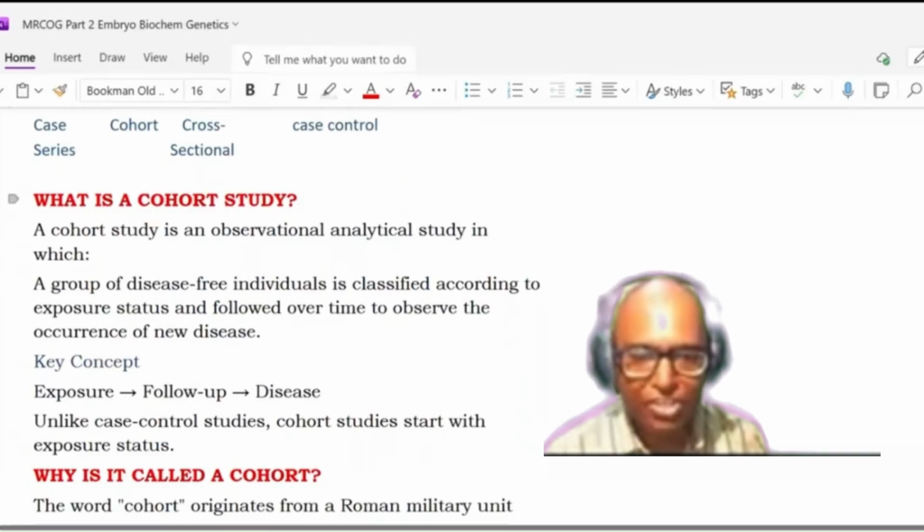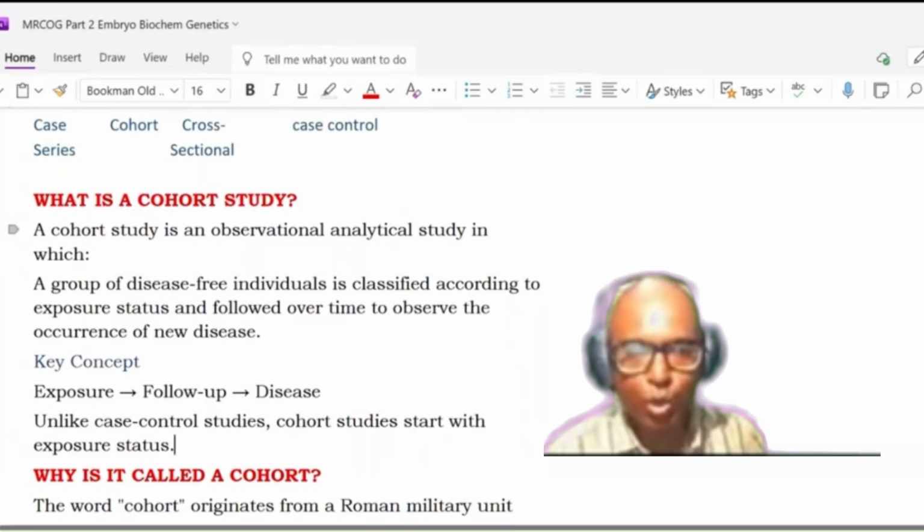It is an observational analytical study that we have already mentioned. In which group of disease-free individuals is classified according to the exposure status and followed over a period of time. This is very important because it involves the follow-up. So followed over a period of time to observe the occurrence of the new disease.